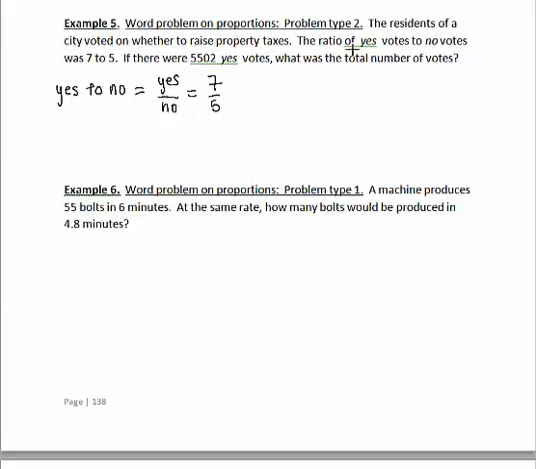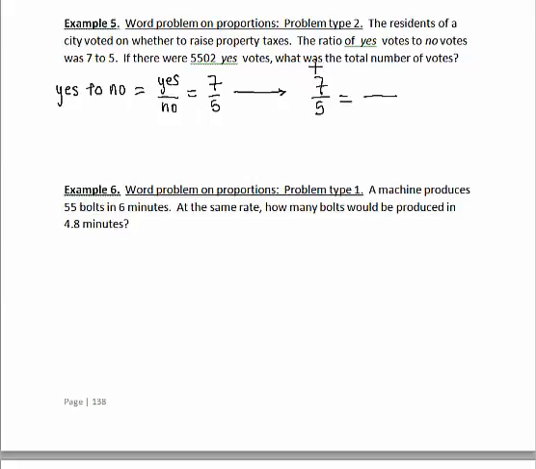Okay, so we know the ratio of yes to no is 7 to 5. So what we do is we take our 7 to 5 and we set it equal to another ratio, creating a proportion. And we also look back and check how we constructed our ratio, and yes votes went on the top.